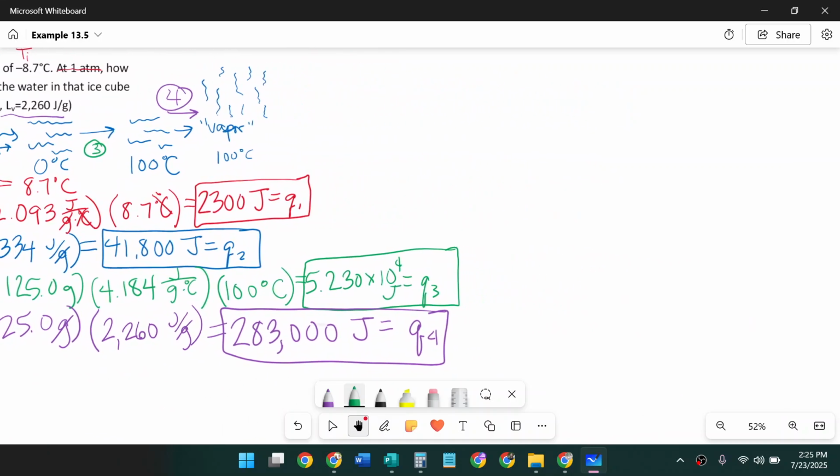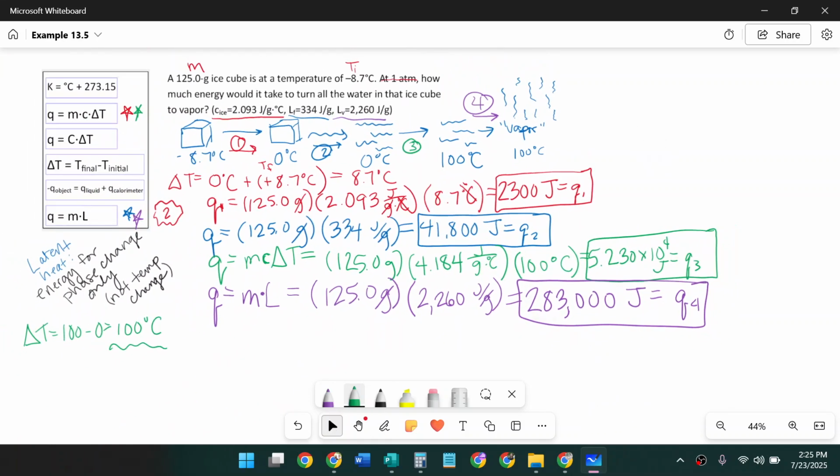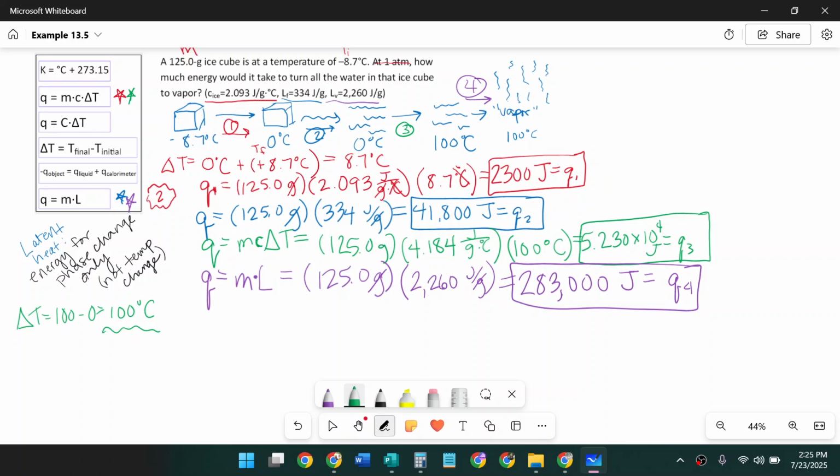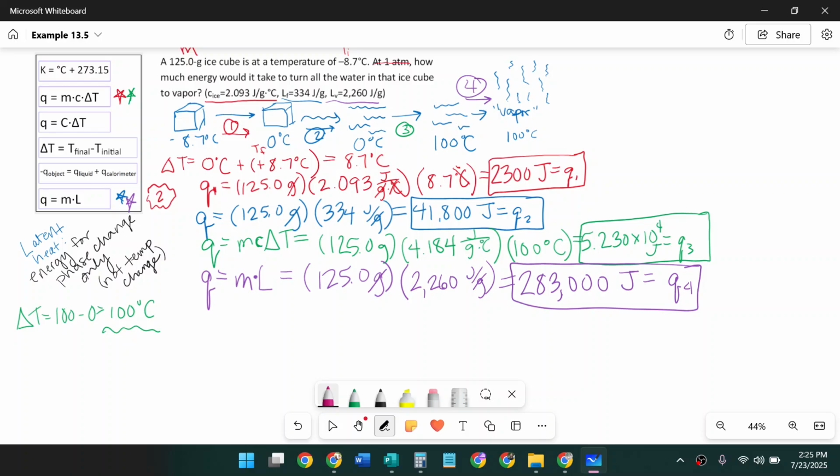All right, so let's slide this up. What color haven't I used yet? I'll use that one. So I have 2300 joules plus, I just realized I probably should do this in all their matching colors. No, that would take too much time. Just kidding, I'm not doing that.